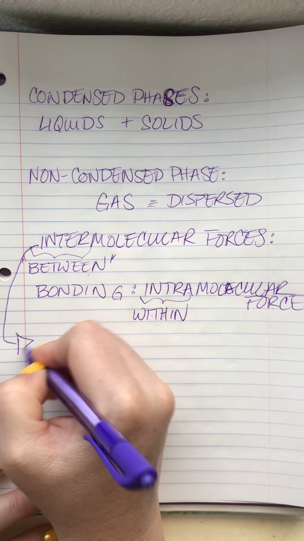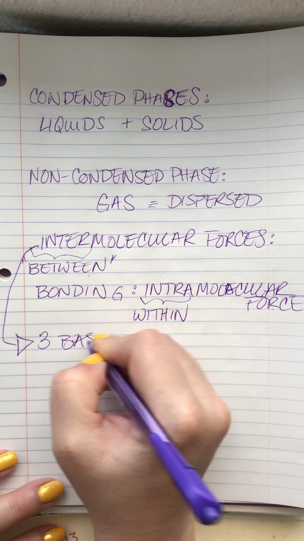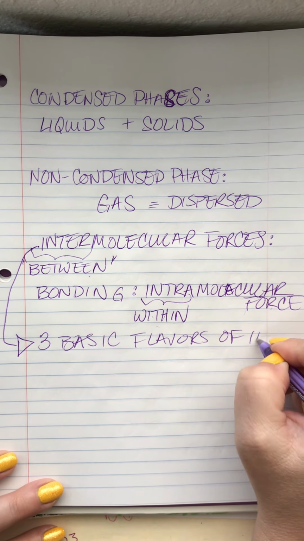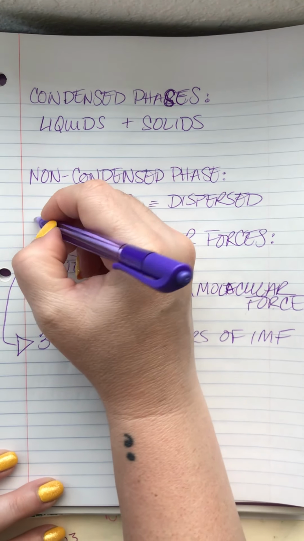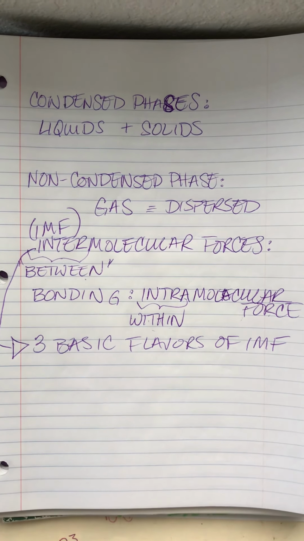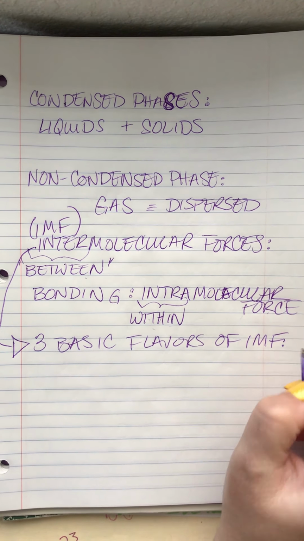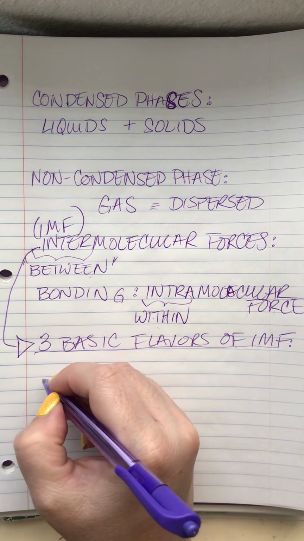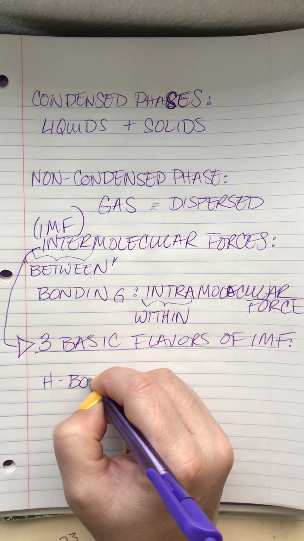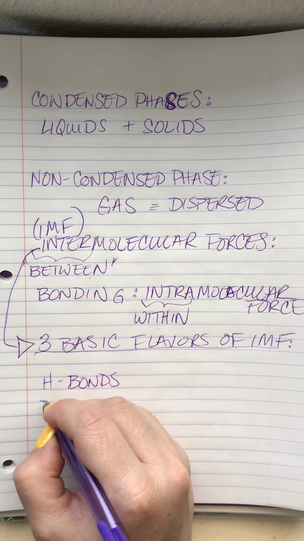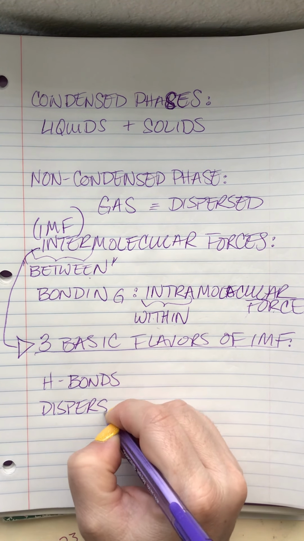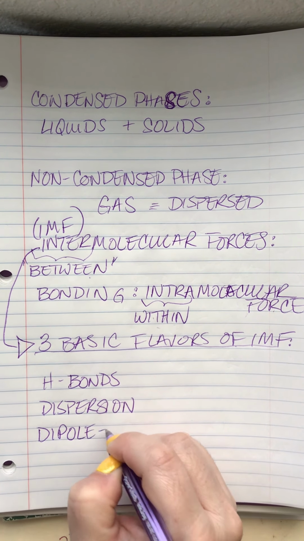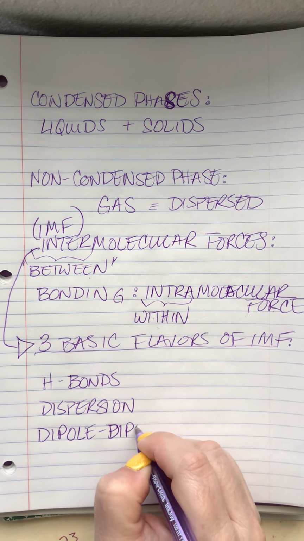So, we had 3 basic flavors of IMFs. That's these guys. I'm way too lazy to write that out a bunch of times. What were they? Hydrogen bond, the London dispersion, and help me out, folks. Dipole-dipole.